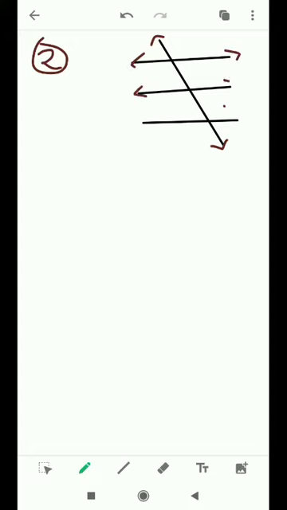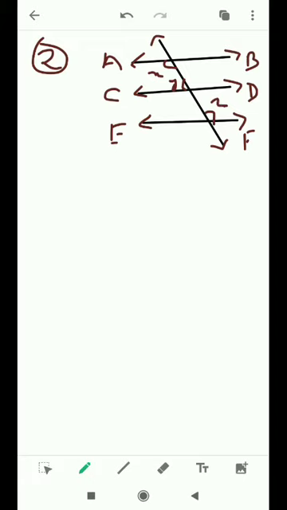This is the diagram. First is given AB, second one is CD, third one is EF. And here X is given, this one is given Y, and this is given Z. So in the diagram only you can see the vertically opposite angle of Y also will be Y.